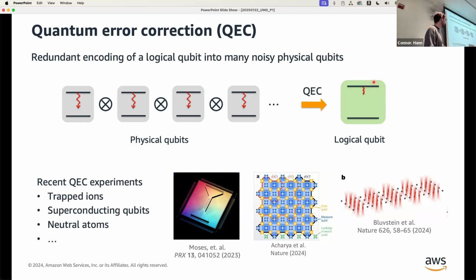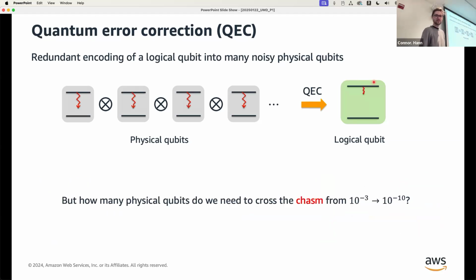So it's been an exciting couple years of quantum error correction, and we're well on our way now to realizing this vision. But even so, I think it's important to not lose sight of just how far it is we have to go. In particular, we still have to cross this chasm of at least 7 orders of magnitude reduction in error rate.